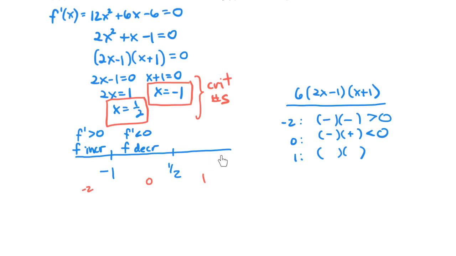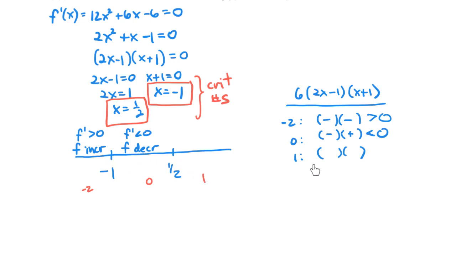Then we go to this last interval, and we pick a 1. And remember, I could pick a 7 or a 10 or any number you want, because whatever this derivative is doing at 1, if it's positive at 1, it's going to be positive forever, because it can't turn to negative without hitting 0 first, and there's no other zeros. The derivative is only 0 here and here.